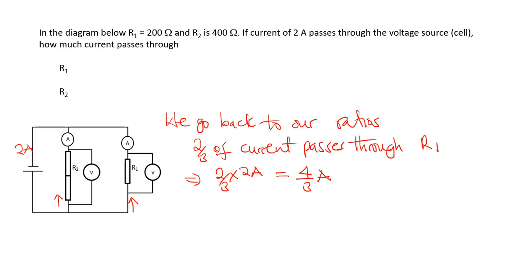You can divide that to get the amps, or you can just leave it like that. So R1 has 4/3 amp. You can reduce this because I don't have a calculator on me, but it should be 1 1/3, 1.333. So I'll say it's 1.33 amp passing through R1.